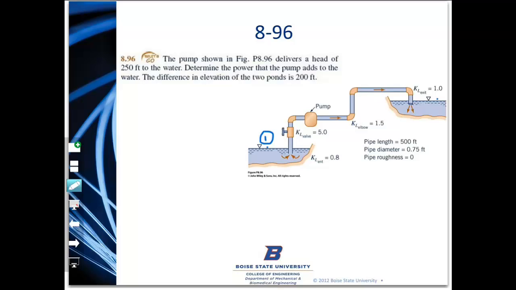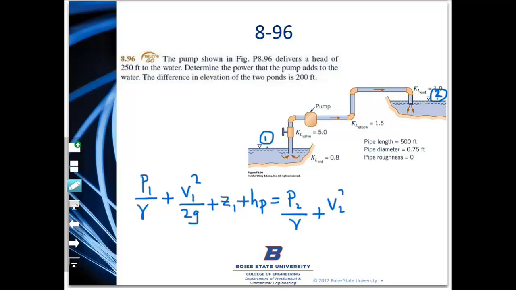So I'm going to identify point 1 and point 2 in the flow field on those reservoirs. So if I write the energy equation, I get P1 over gamma plus V1 square over 2G plus Z1 plus the pump head will be equal to P2 over gamma plus V2 square over 2G plus Z2 plus HL, okay, the head losses.